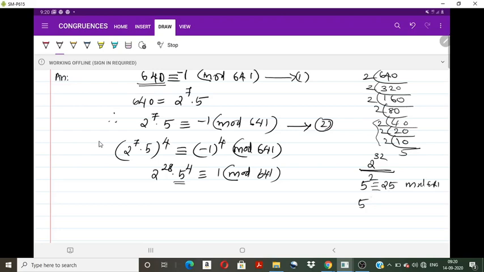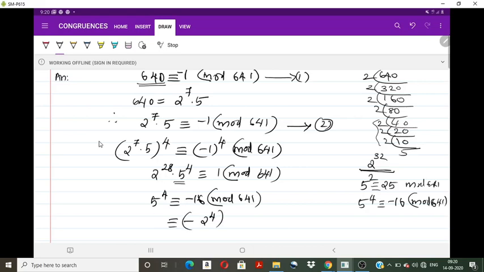So 5 raised to 4 is congruent to 625, which is congruent to minus 16 modulo 641. Now we know that 16 is 2 raised to 4.